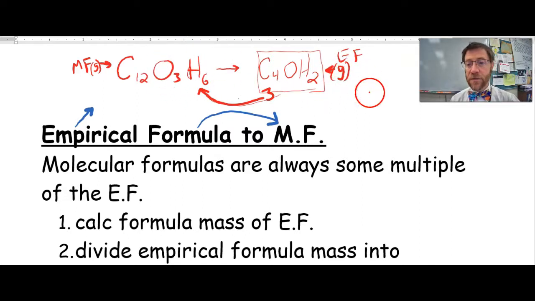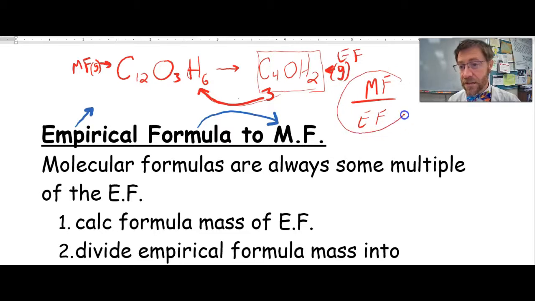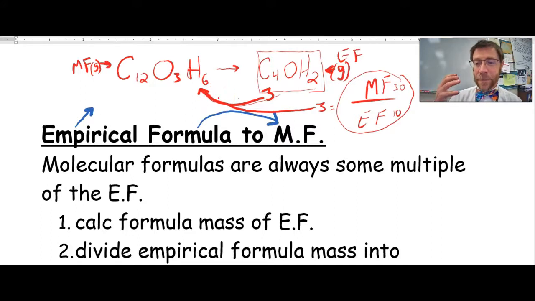We're going to put the mass of the molecular formula in the numerator, and in the denominator you put the empirical formula mass. And this answer, because let's say this is 30 and this is 10, it's going to give us an answer of 3, and that's our multiple. That's how we know how many empirical formulas there are in the actual molecular formula itself.